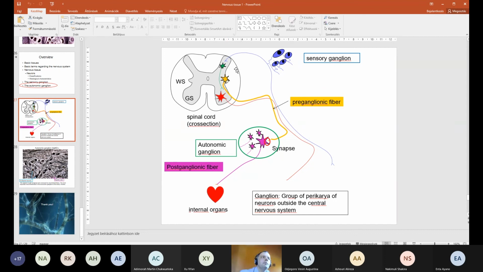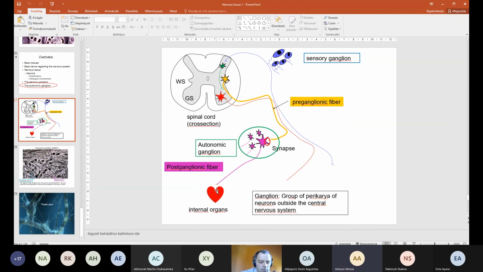And from the hypothalamus, through this white matter, a descending nerve fiber bundle will end on this neuron. And that will activate it, which will increase the heart rate. I highly simplify the story now, but later on, if we study the autonomic nervous system, you will get more details on this. But this is pretty much what happens.